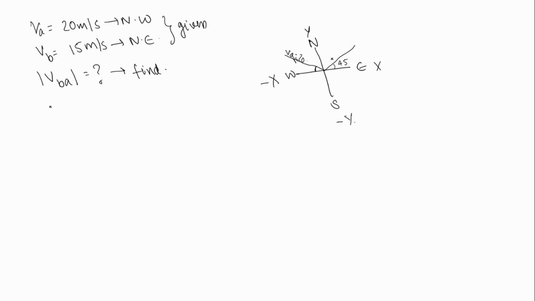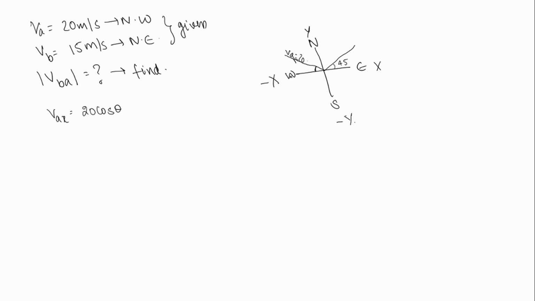So let's split the velocity of particle A into x-axis and y-axis components. The velocity of particle A in the x direction, we will take as VAx, is 20 cos theta.